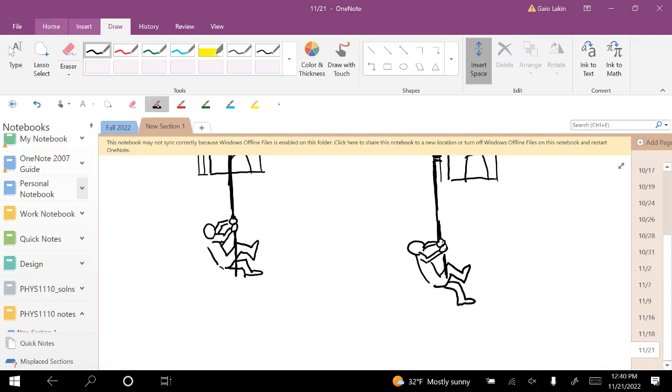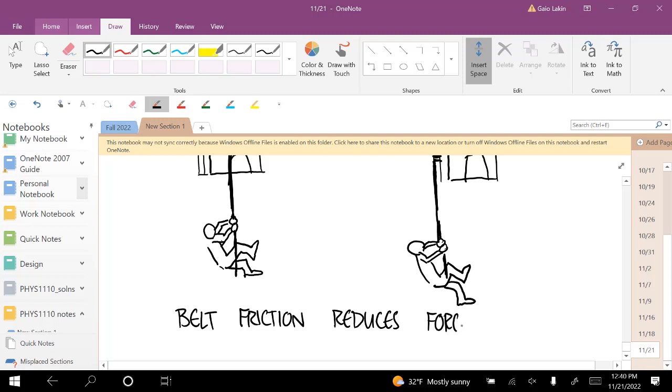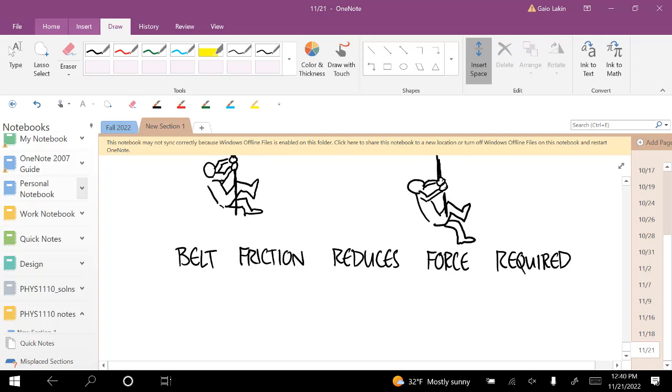So belt friction reduces the force required at one end of a cable to support a given force.